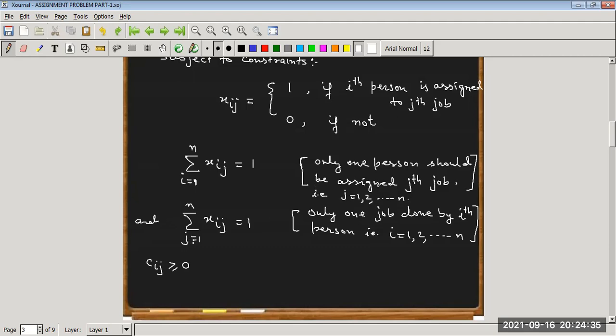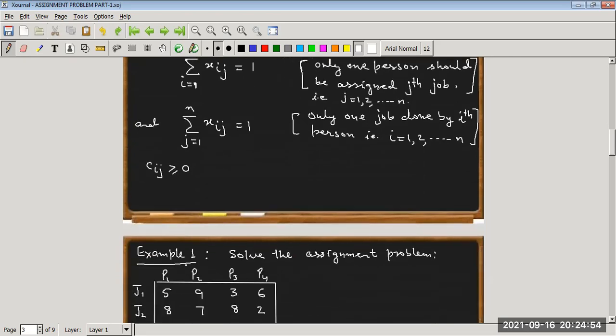And summation j equal to 1 to n of Xij is also equal to 1. That is, only one job is done by the ith person, that is, one job goes to exactly one person, and the cost Cij is always greater than or equal to 0.